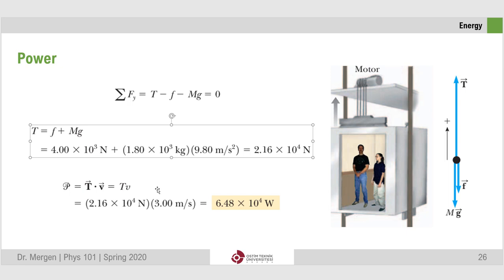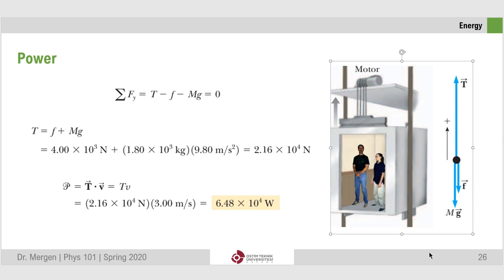Since the angle is 0, the cosine of the angle between those two will be equal to 1, and therefore we have T times v. If you multiply those two parameters, you will get the power required to raise the elevator upward with that velocity.